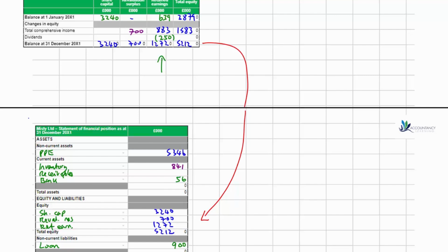For the receivables, we've got our trade receivables, our prepayments, but remember we also wrote off a bad debt, didn't we? So we've got total current assets of 1633, and then when we add on our property, plant and equipment, we've got total assets of 6979.